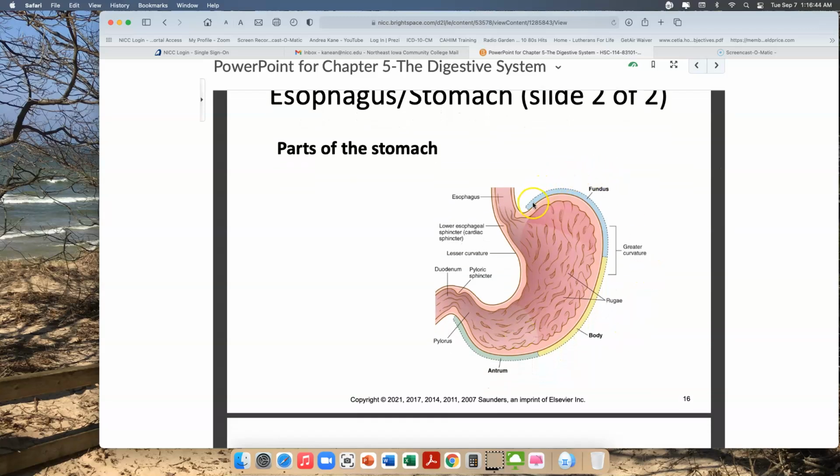You can see where the fundus is at the top, the greater curvature coming down into the body, and the antrum at the bottom leading toward the duodenum, which is now part of the small intestine. So the last piece of the stomach is that pyloric sphincter. That's the last part of the stomach. When you get to the duodenum, you have moved into the small intestine. You'll want to keep that in mind.